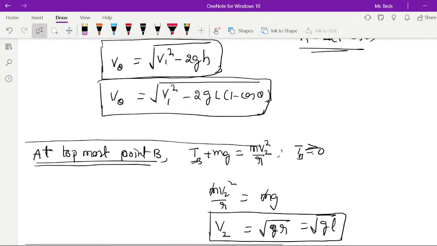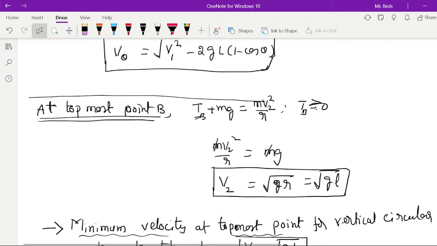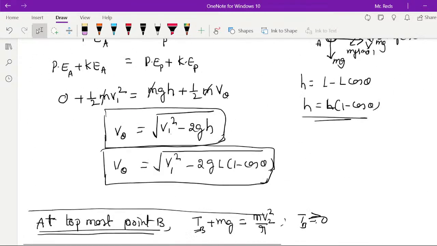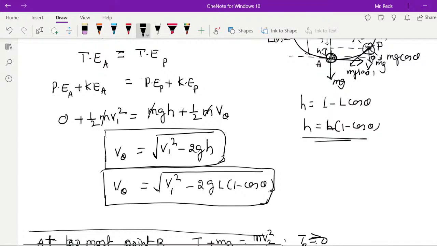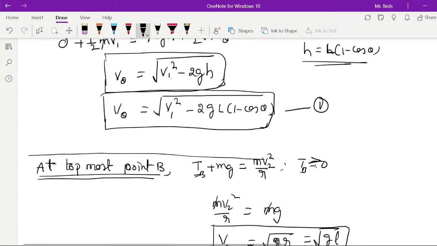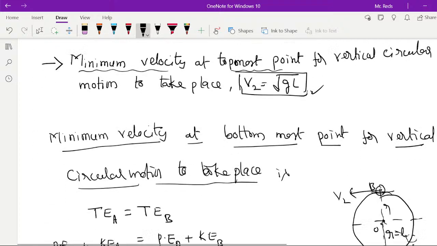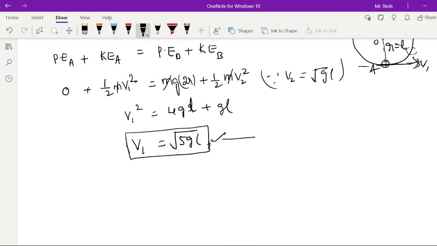So 5gl minus, if you expand this, 2gl minus half minus plus 2gl, it gives you 5gl minus 2gl, which is 3gl. You can write this as equation 1, this is equation 2, and this is equation 3, let us say.